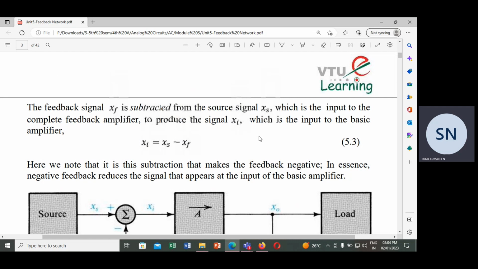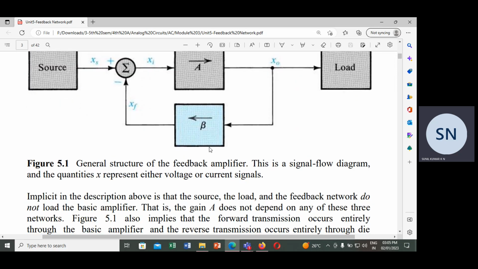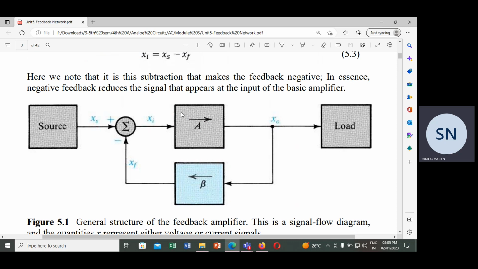XI is also called the error signal. Whenever this is done, we need to find the gain of the amplifier. Why do we need to find it? Because this amplifier gain we know, but since we have connected the feedback network, the gain now becomes the loop gain.